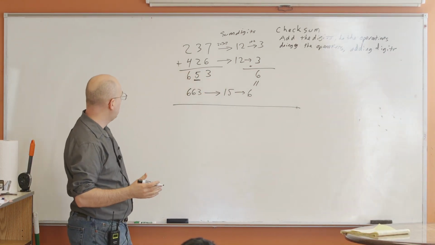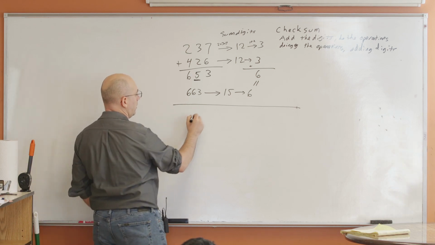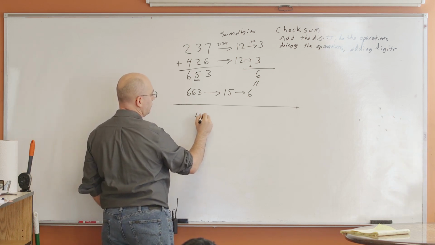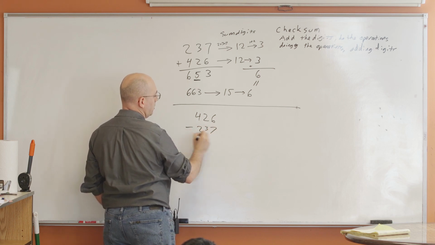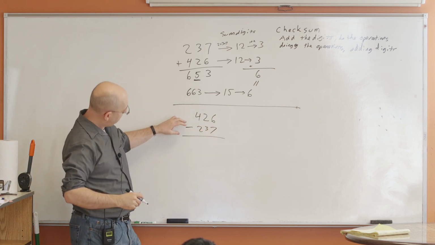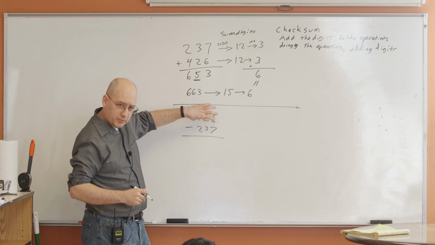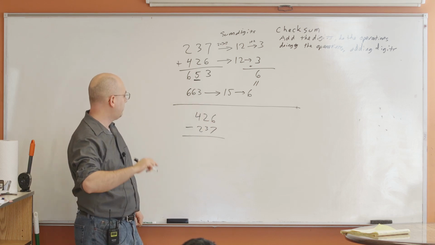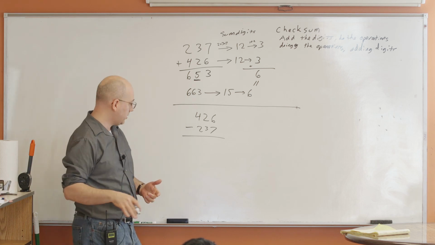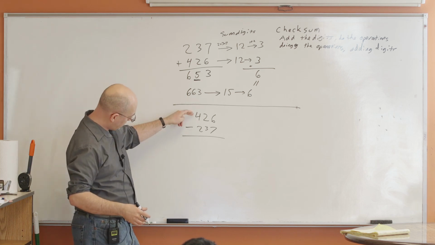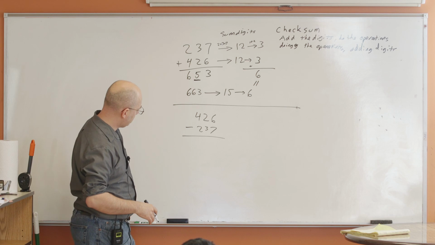So let's remember how to do subtraction. Now, subtraction, when we line it up, the larger number has to be on top. If you're subtracting the larger number from the smaller number, then the result is negative, but you still put the larger number on top and subtract.